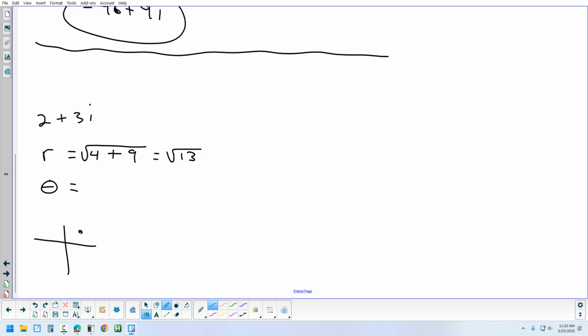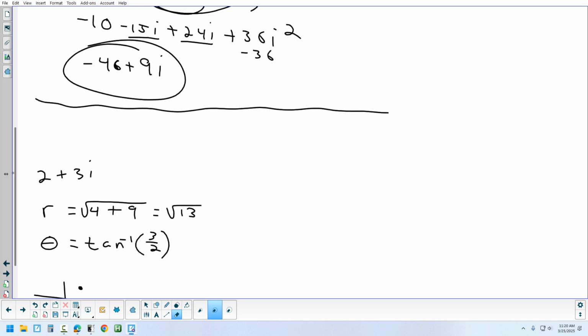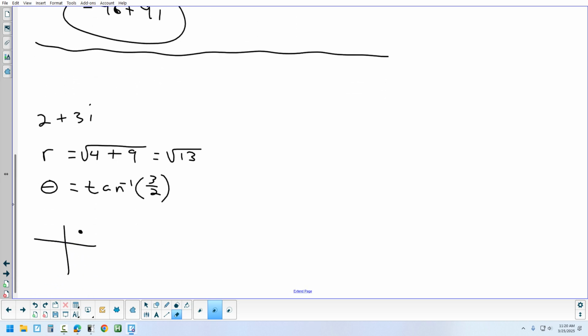Okay. 2 plus 3i. I'm somewhere in the upper right quadrant. What's the formula to find the angle if you're in quadrant 1? The inverse tangent of y over x. Yeah. And I'm going to round this to 3 decimal places because I want to get as accurate of an answer as I can, because I'm going to compare it to what we already got, negative 46 plus 9i. If I round, it won't come out exact.